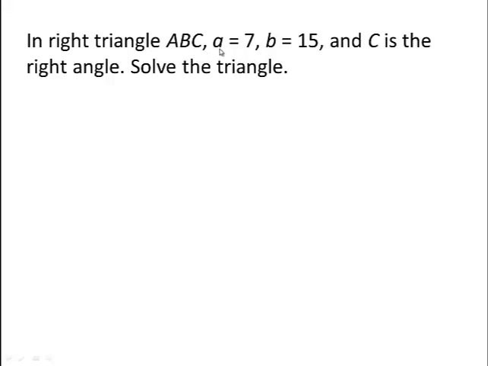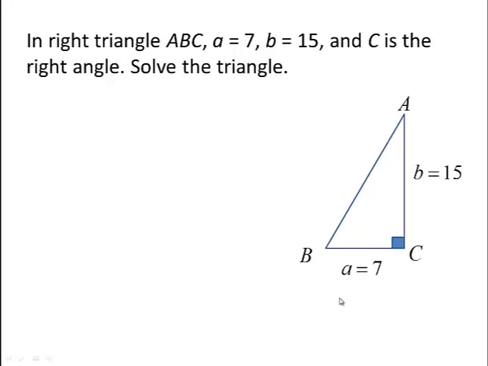Okay, here's the triangle ABC. Angle C is still the right angle, but we're not given another angle, so we have 7 and 15. Drawing this properly, the side opposite angle A is 7, and the side opposite angle B is 15. We could use tangent, since angle A is opposite over adjacent.